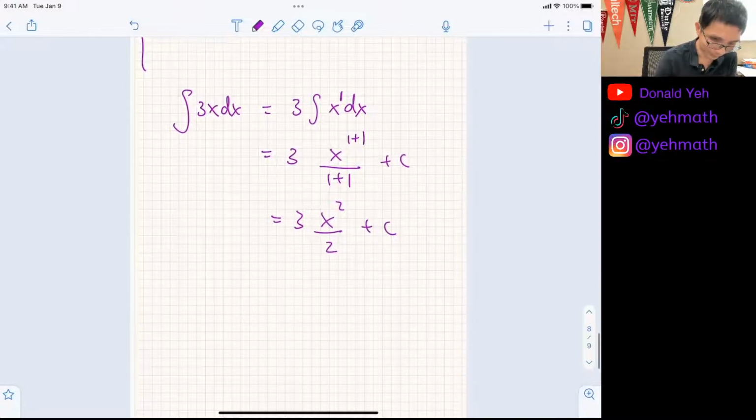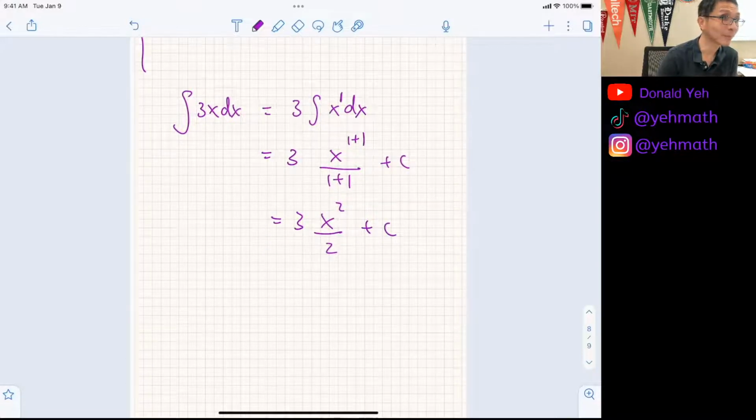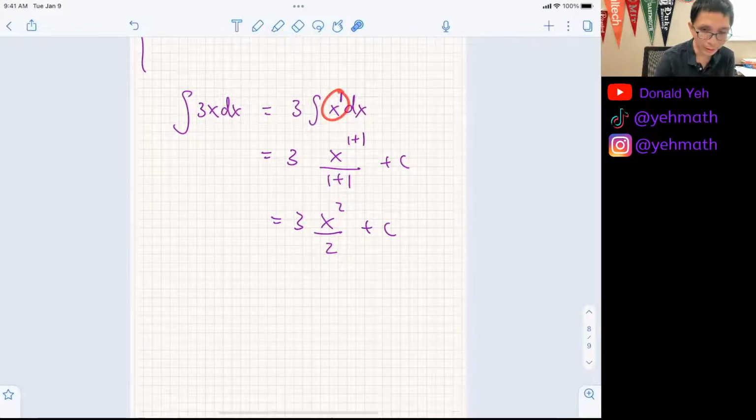I don't understand the setup that you're doing, because working backwards so quick hurts my brain. This is x to the 1. Look, the power is going to add 1, divided by 1 plus 1. Why is that? Okay, so think about it. If I take a derivative of this, what happened? The 2 is going to be in the front, subtract 1, the 2 is going to cancel.